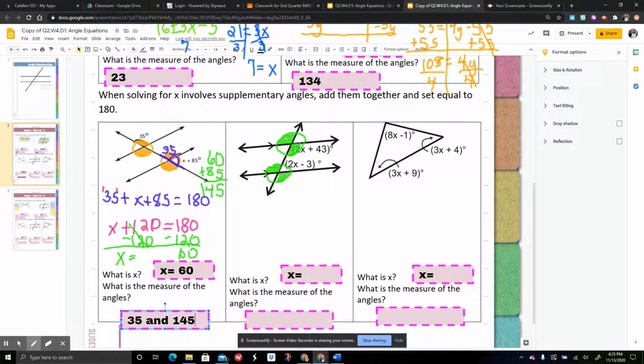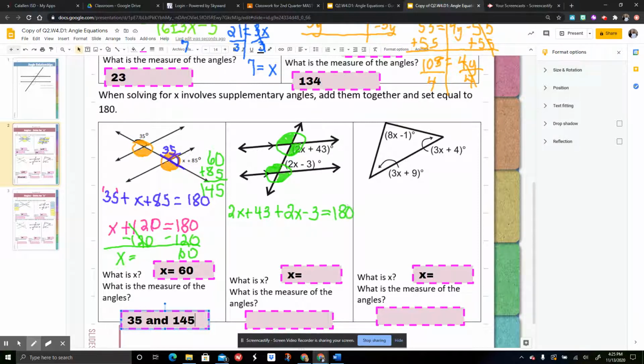When I look at my two equations, I have 2x plus 43 shaded, and 2x minus 3 is not shaded. That means that they add up to 180. So 2x plus 43 plus 2x minus 3 equals 180.